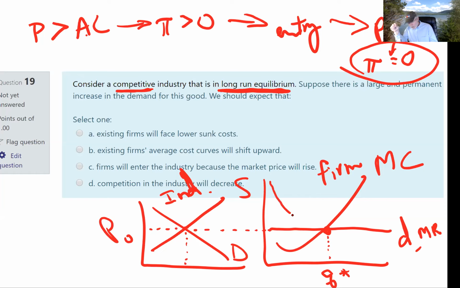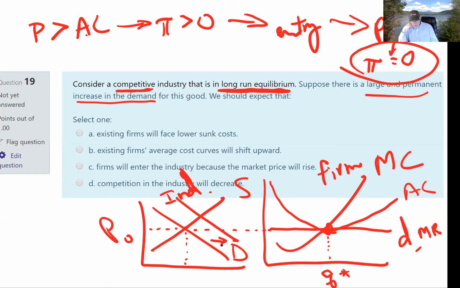So that would mean the situation initially looks like this. And what are we assuming happens? There's a large and permanent increase in demand. Okay? So if demand increases, it's a rightward shift of the curve. What happens? Equilibrium moves from here to there.